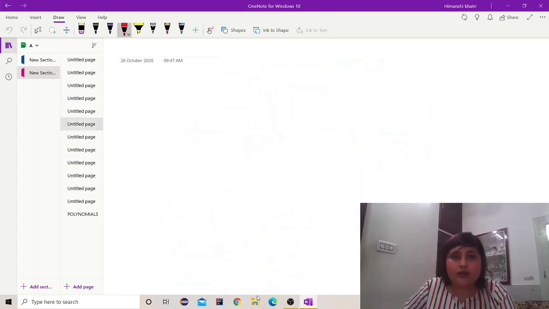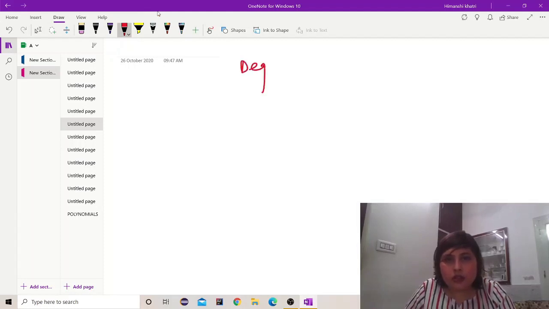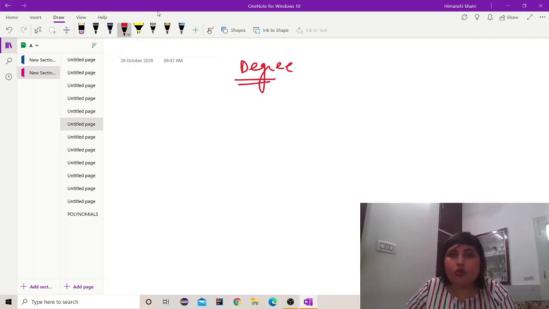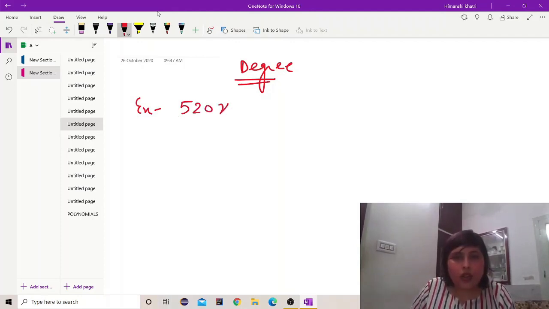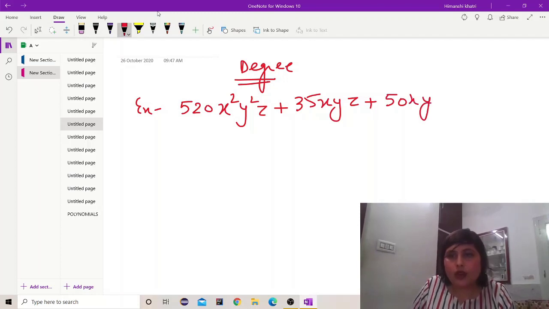Let us understand it. Now see, how do we calculate the degree of a polynomial? Suppose I am giving an example: 520 x square y square z plus 35 xyz plus 50 xy.